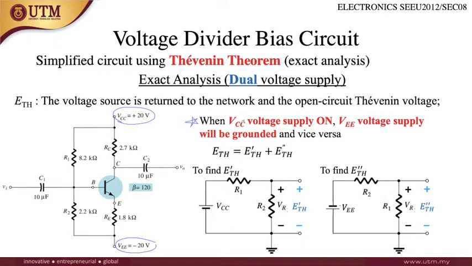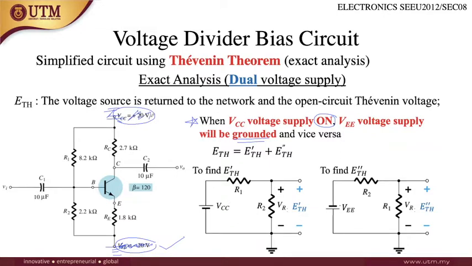When the VCC voltage supply is on, the VEE voltage supply will be grounded, so it will not be counted. And vice versa, if the VEE voltage supply is on, the VCC voltage supply will be grounded.